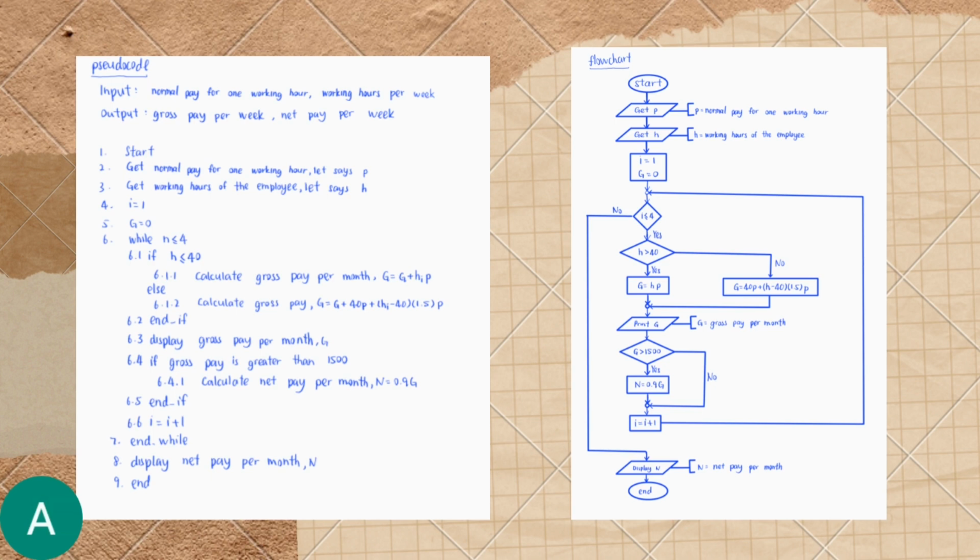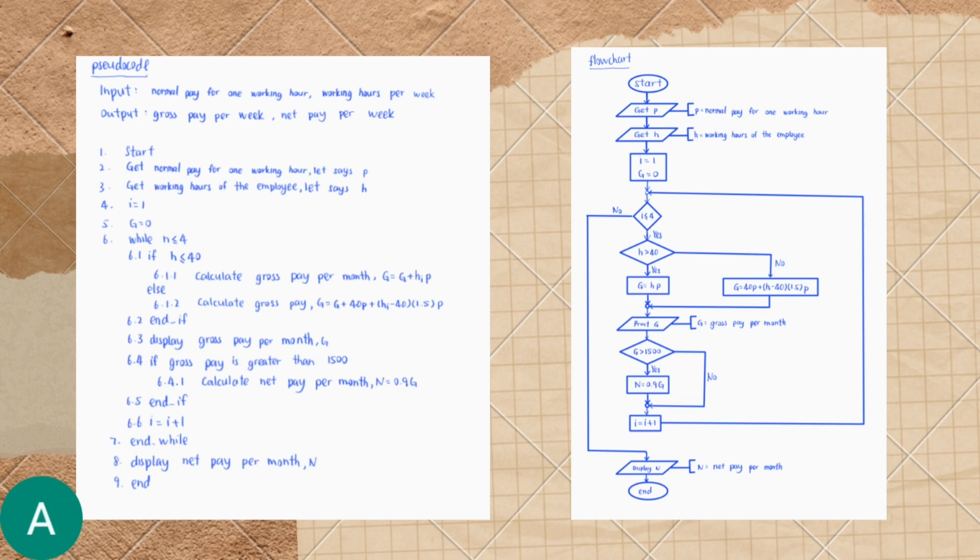Next is another condition, which is the final condition, being if the gross pay is higher than 1,500 or not. If it is, then we'll multiply it by 0.9. If it's not, we'll just go straight down and back upwards until we reach I more than 4.